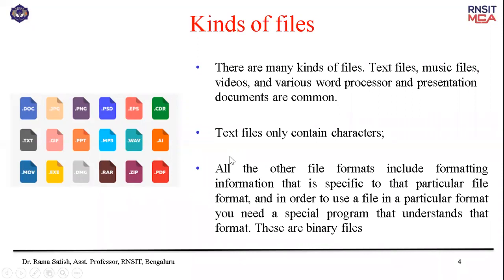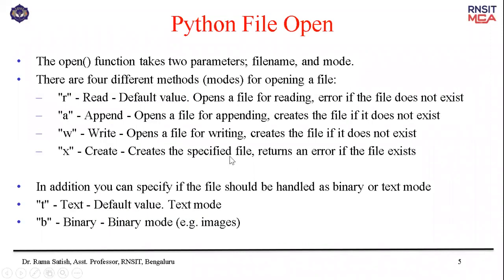Moving on to how to handle files, first the opening of a file. Before you start processing any file, either a binary file or a text file, you should first open the file. For this, we have a function called open. Open has two parameters.